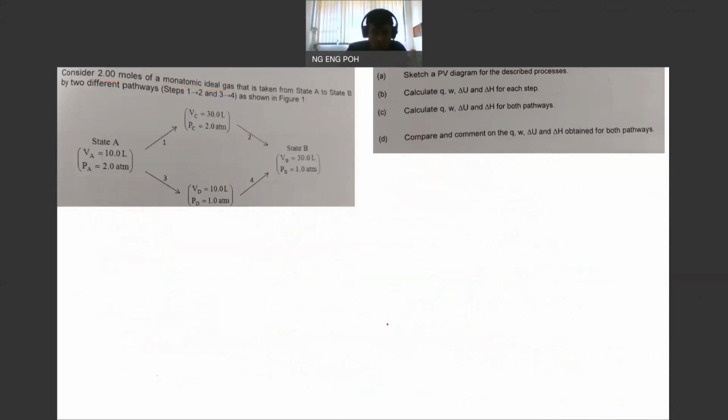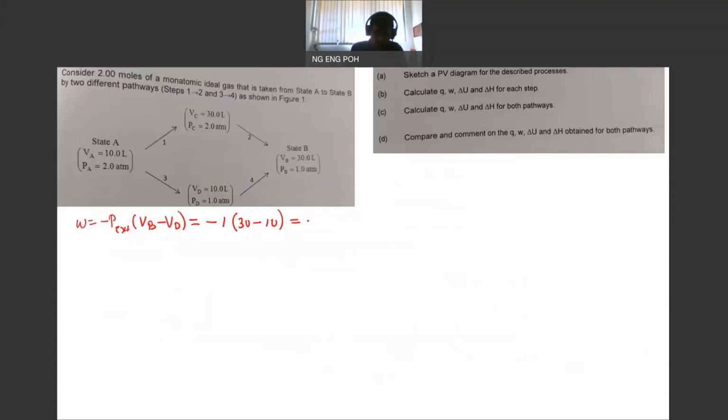Now we go to see step 4. Step 4 is an isobaric process. In an isobaric process, W equals minus P ext times VB minus VD. So minus P is 1 atm, VB is 30 minus 10.